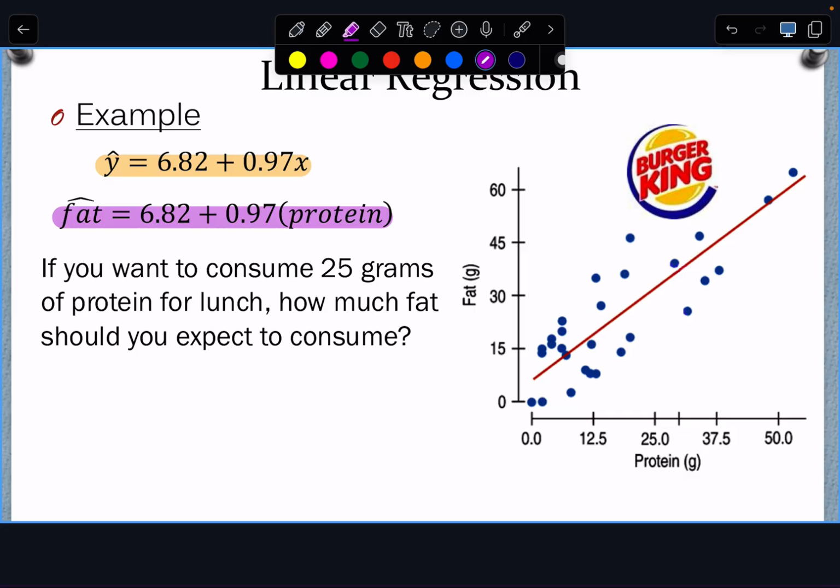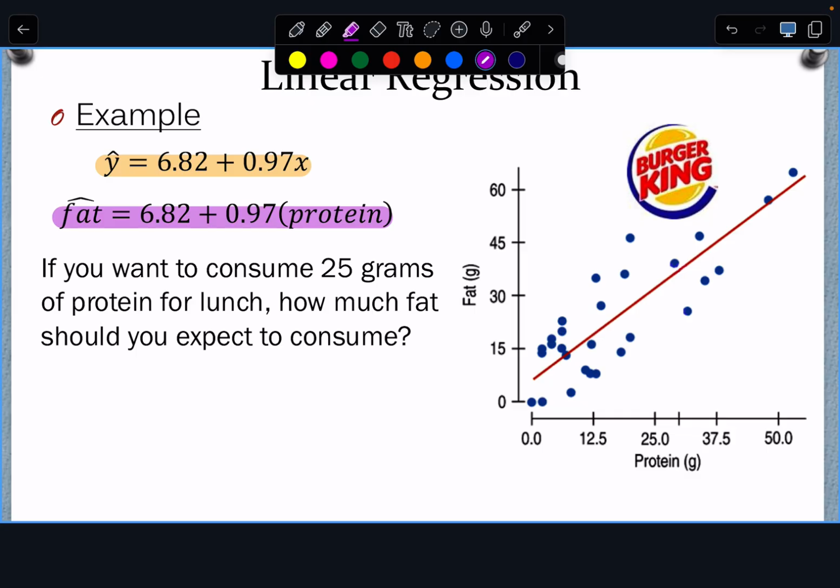Now, if you choose this first method, so if you choose the y hat equals a plus bx, as soon as you state what the equation is, you then need to accompany it with what y stands for and what x stands for.